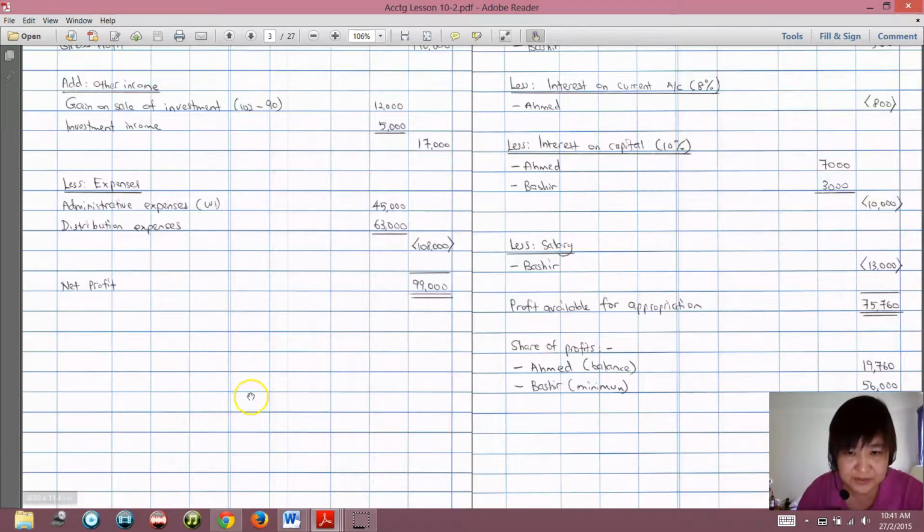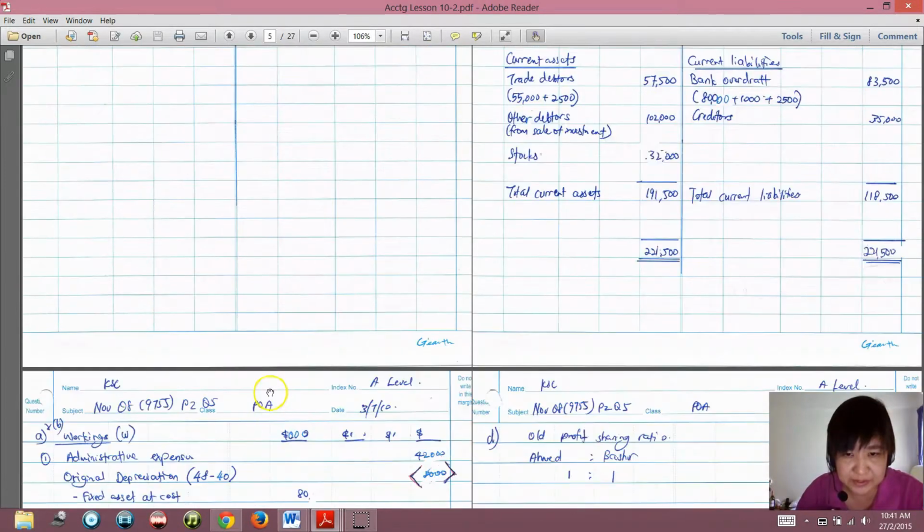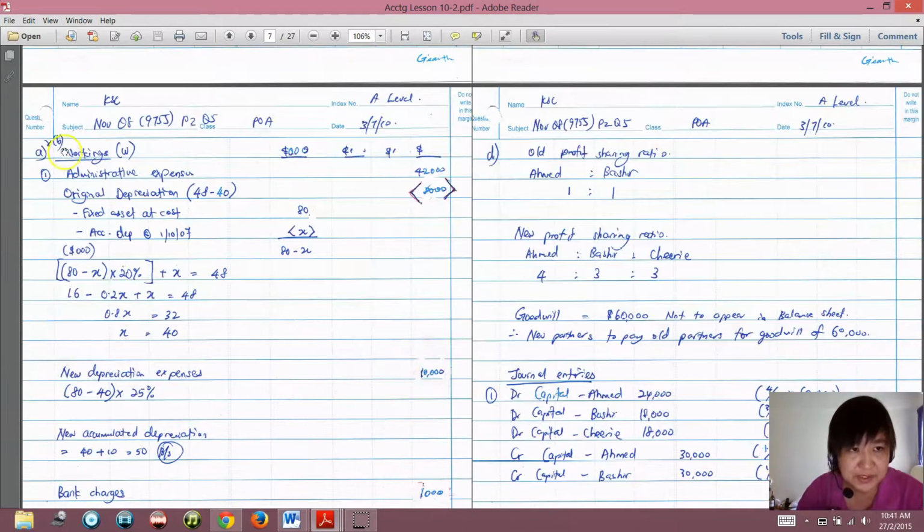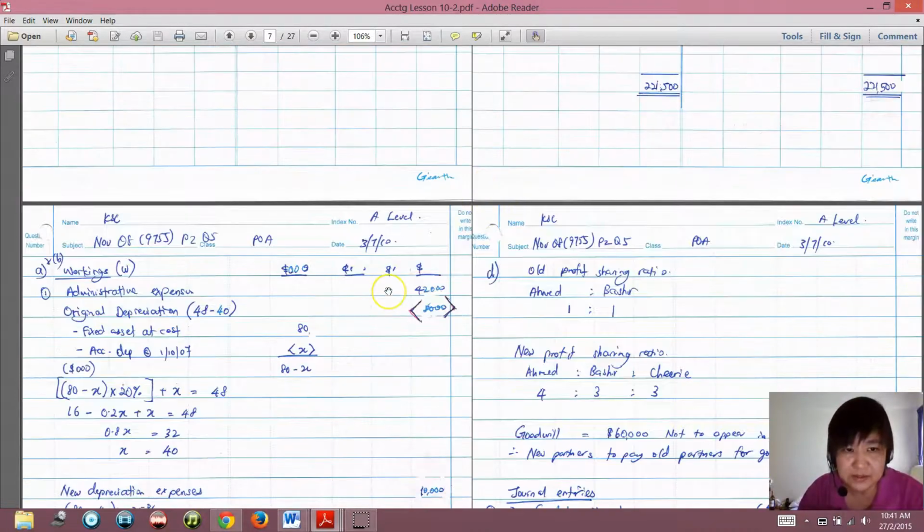I put here W1, and then I use a piece of paper and put workings, W1. Hold on first. Administrative expenses originally in the question is 42,000. This one seems a bit difficult.